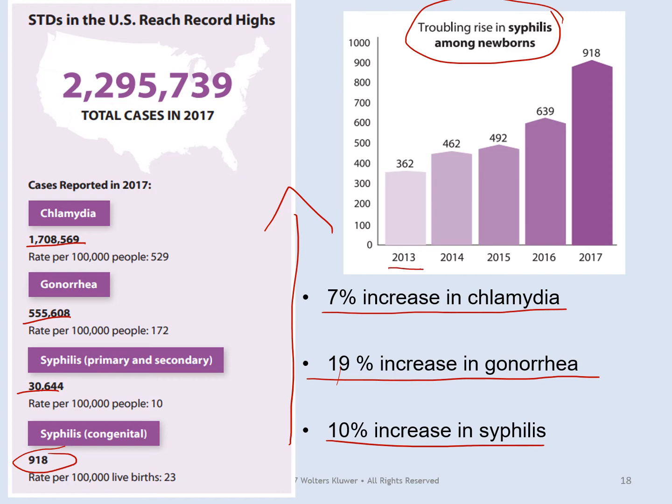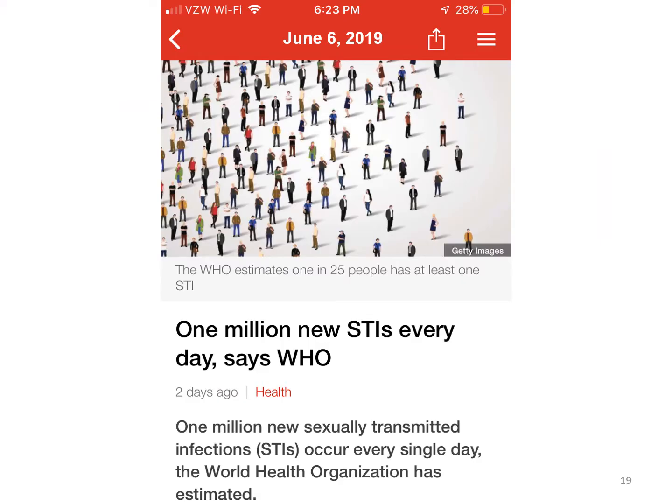Back in 2013, we had 360-ish. In only 4 years, we've gone up 3 times as much to 900 cases of syphilis in newborn babies. Again, it's a very small number, but the very fast increase is very concerning.